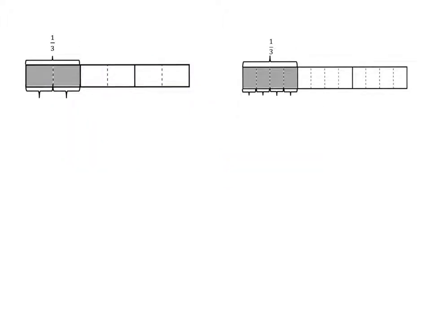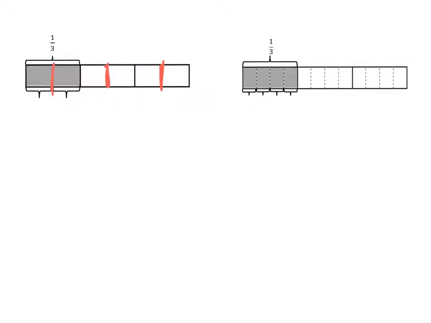Okay, in our next example, the tape diagrams are cut up into thirds. 1, 2, 3. Over here, 1, 2, and 3. But we want to find 2 other fractions that are equivalent to 1/3. So what we did here is we sliced each one of these thirds in half, and now we have a denominator of 1, 2, 3, 4, 5, 6.